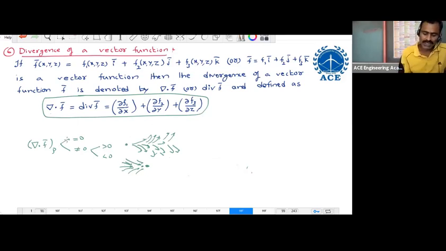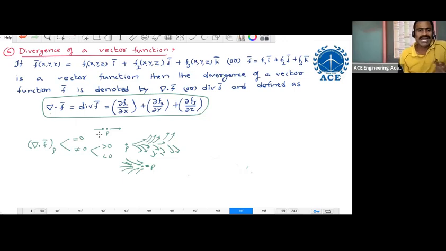Suppose the divergence is 0, we can say the rate of inflow will be the same as the rate of outflow at a particular point P. Right? So the flow is neither expanding nor contracting, with no change in the rate of flow. No expansion, no contraction in the case of 0.